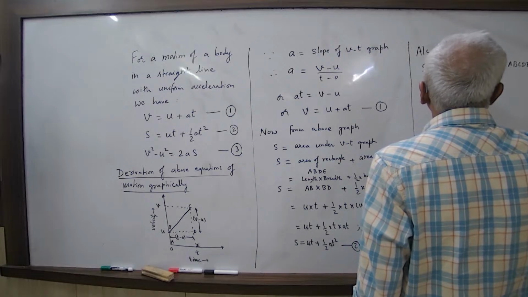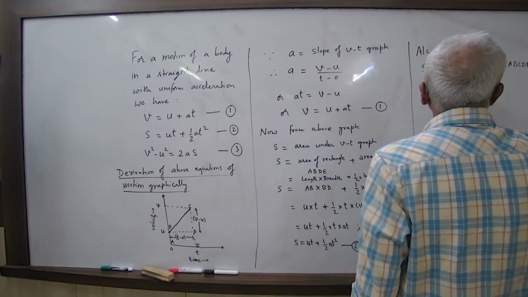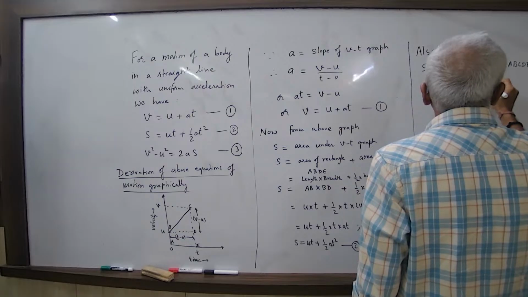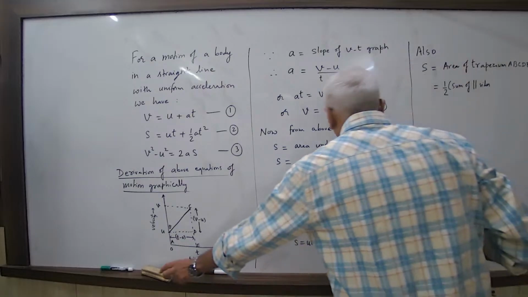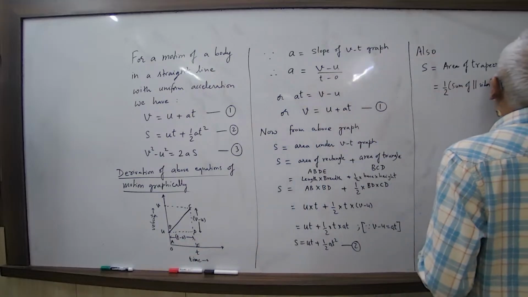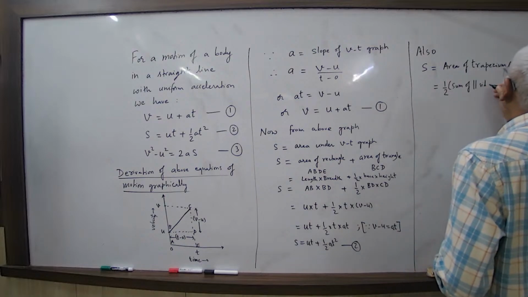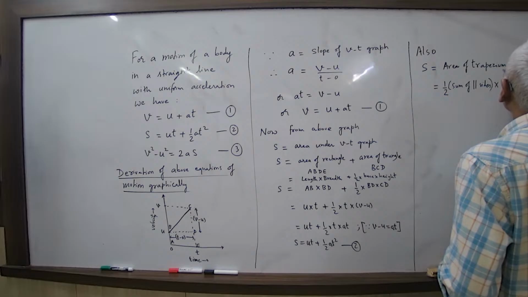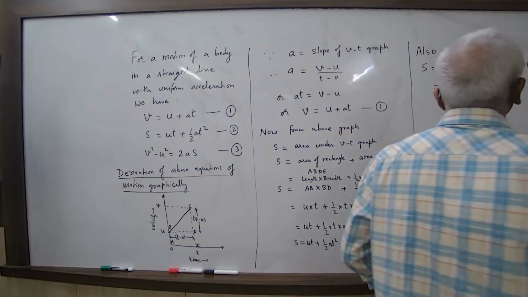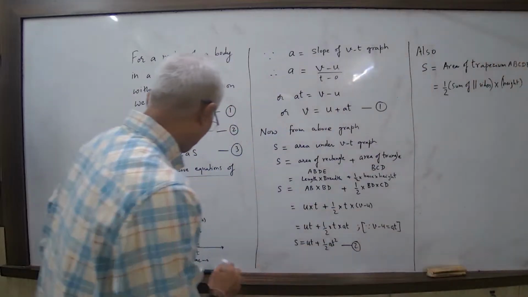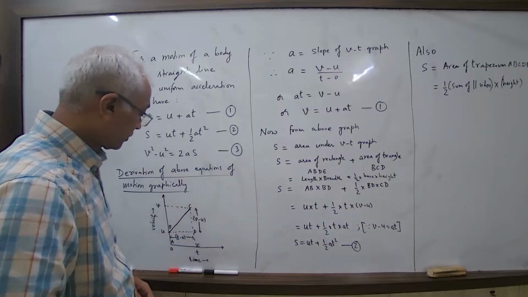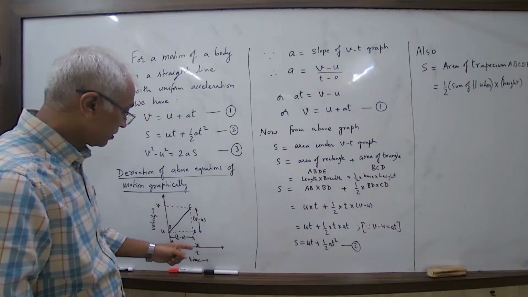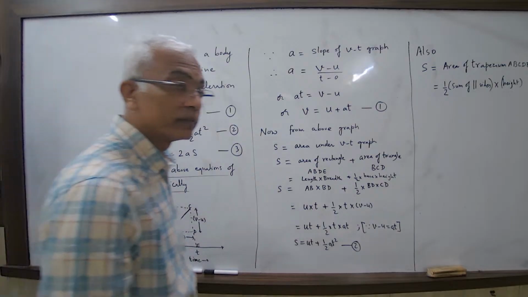What is it? It is half the sum of parallel sides into height. If you take this as a trapezium, the height becomes BD, and the parallel sides are AB and EC.